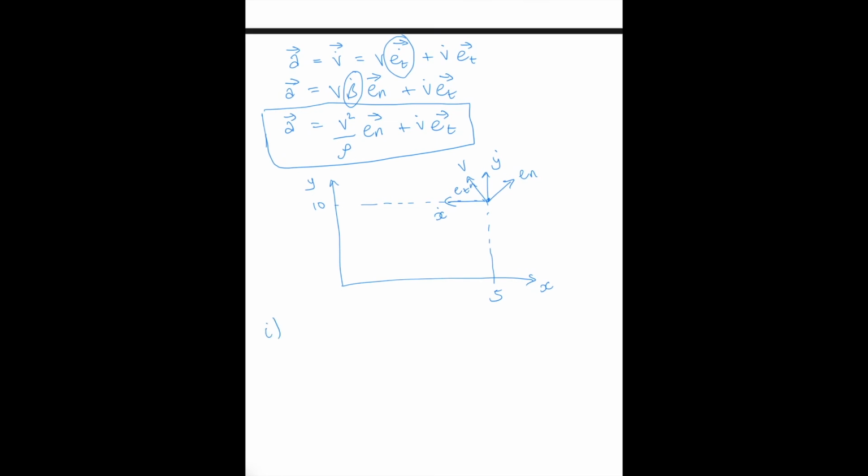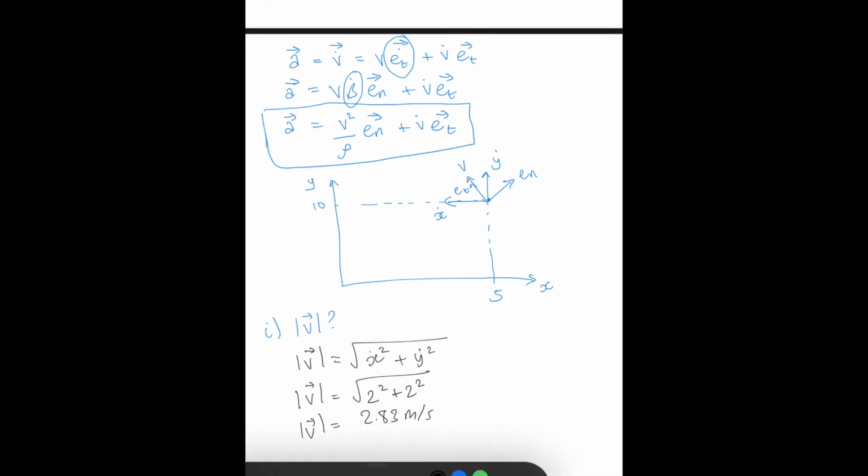So for part 1, the question is asking for the speed of the particle. It's just going to be equal to the square root of x dot squared plus y dot squared, which is 2 squared plus 2 squared, giving us 2.83 meters per second.